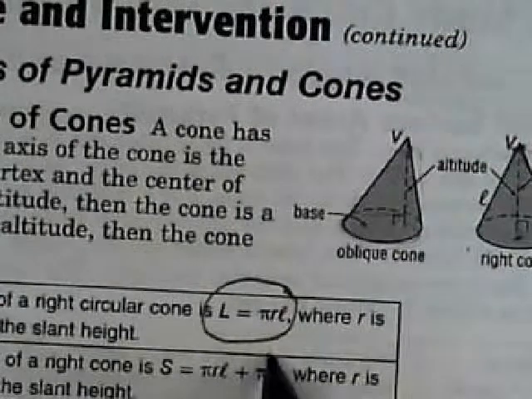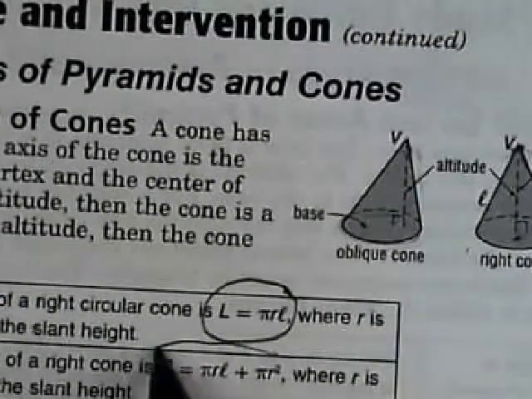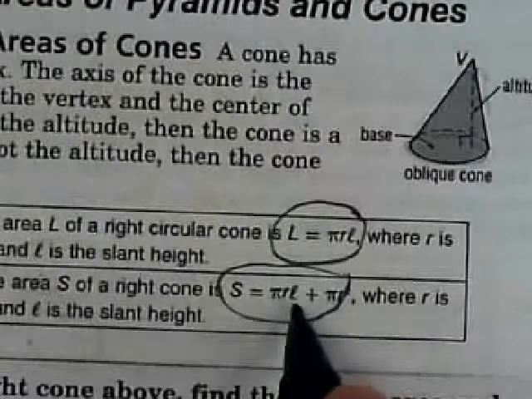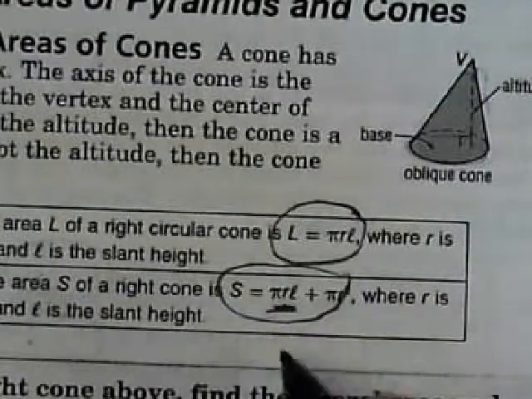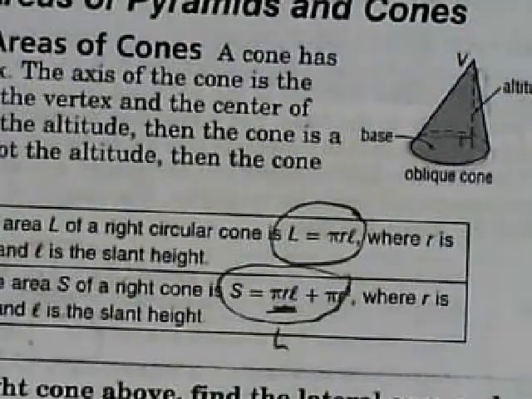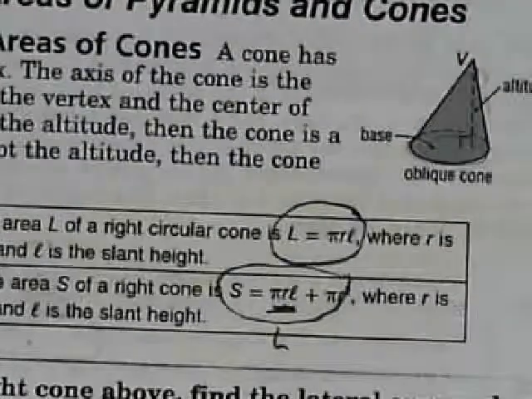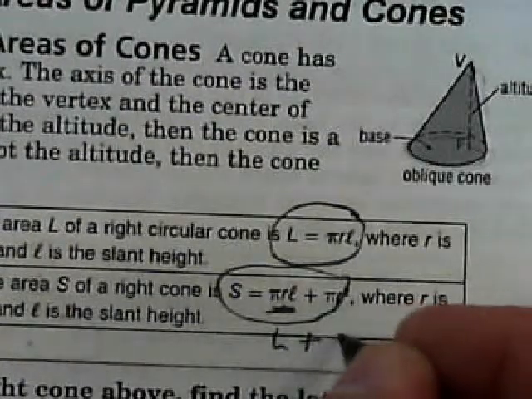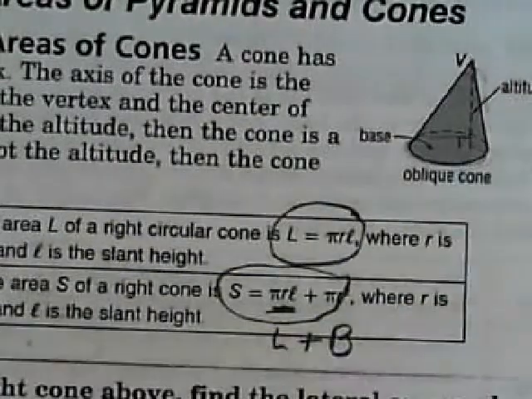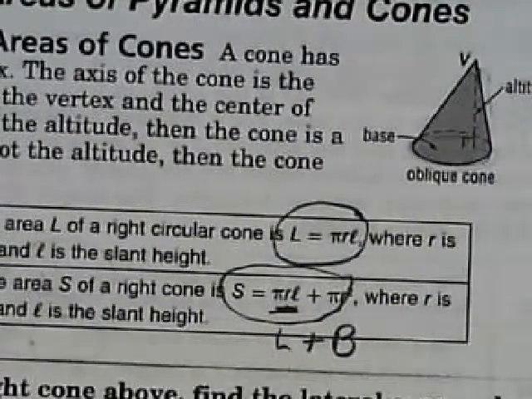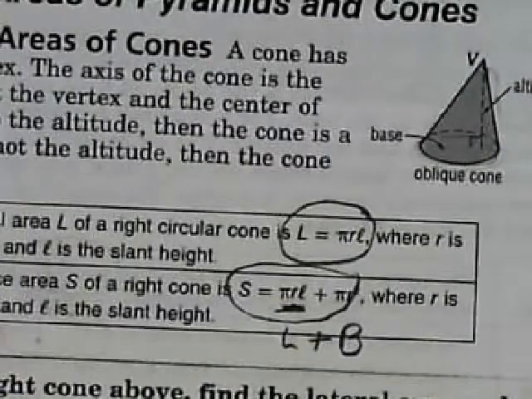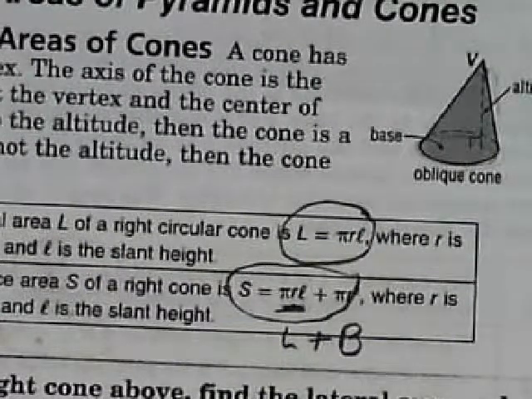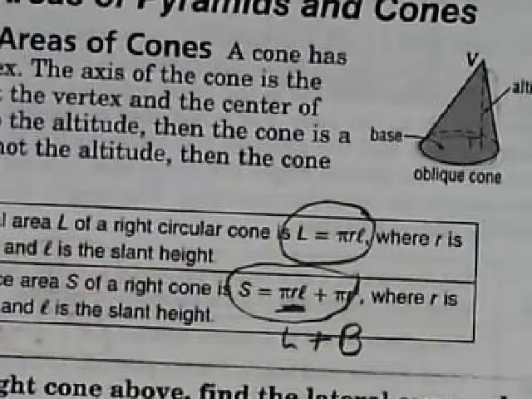Total surface area is basically the same as before, where you have the lateral surface area, and pi r squared, isn't that the area of a circle, which is the base? So it's the same basic formula as before, except that you're going to use radiuses instead of straight lines.